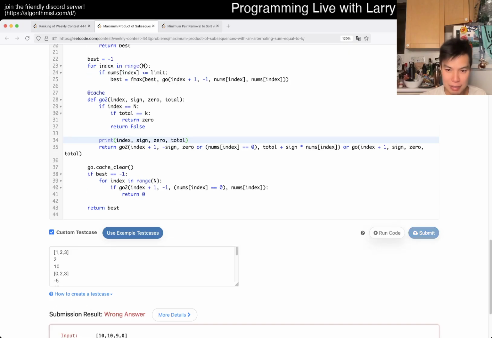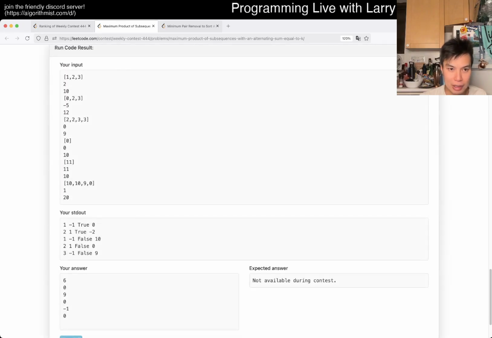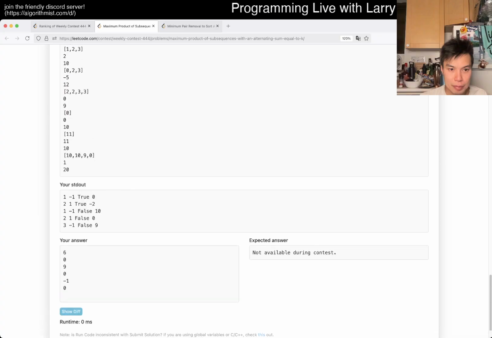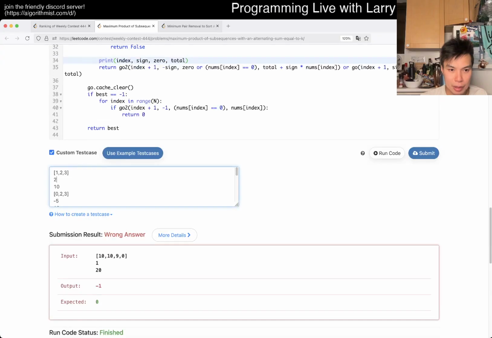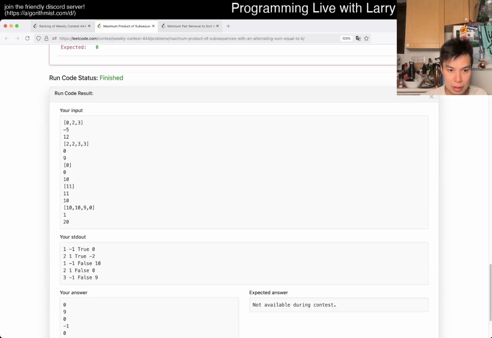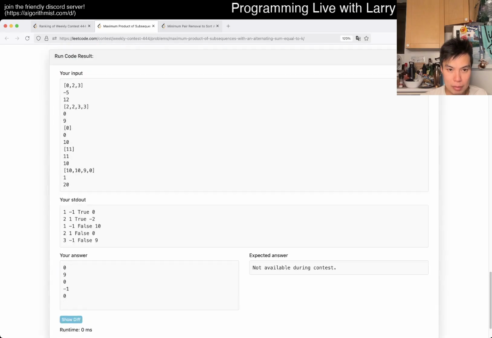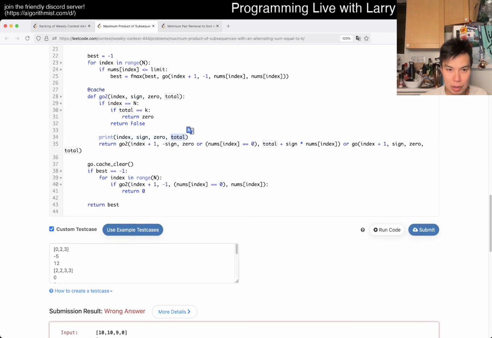Okay, I mean it fixed the other thing, but lucky I checked that one. Okay, let's actually remove the first case, so then we can see. Okay, 1, -1, 0 is true. Okay, but the total is 0. Yep, that's expected.